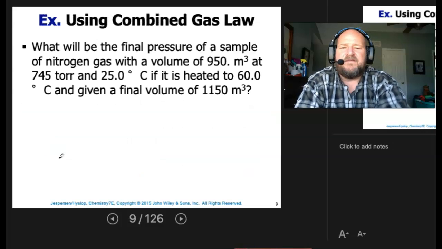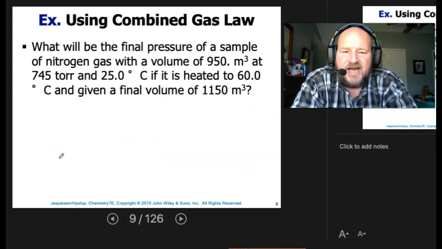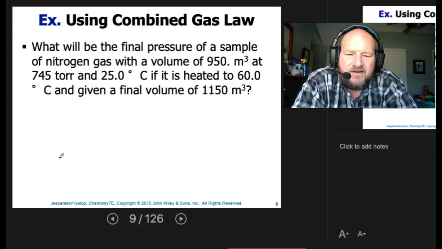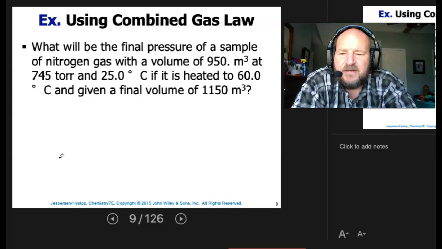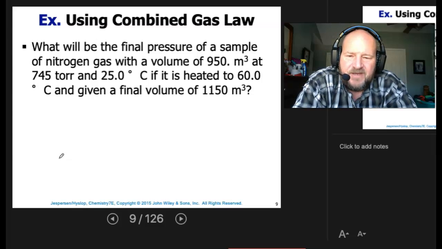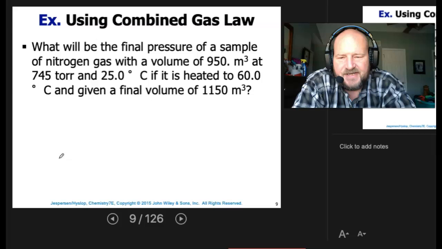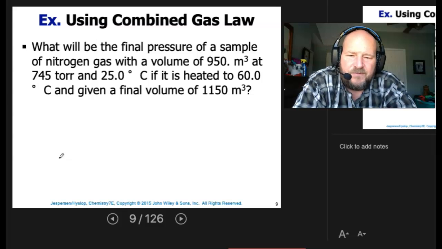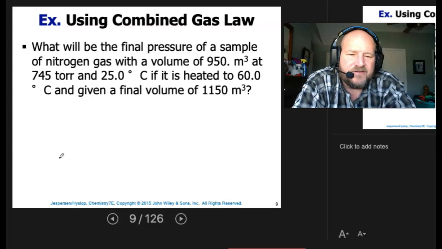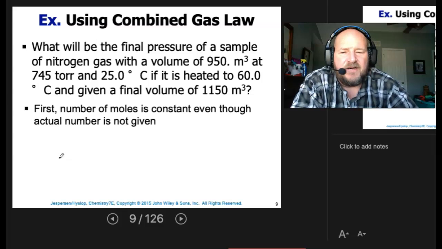All right, what will be the final pressure of a sample of nitrogen gas with a volume of 950 meters cubed at 745 torr and 25 degrees C if it is heated to 60 degrees C and given a final volume of 1,150 meters cubed? All right.